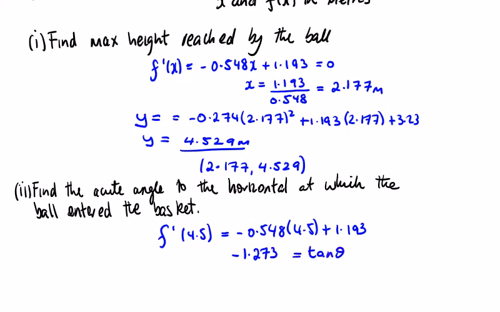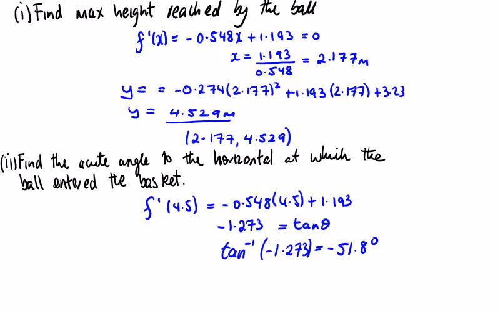So we want to find the angle, so the inverse tan of minus 1.273 gives me minus 51.8 degrees, to the nearest degree, but we're looking for the acute angle, so 52 degrees.